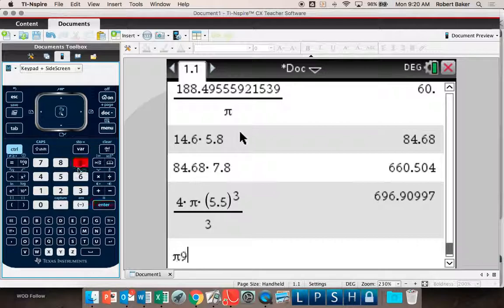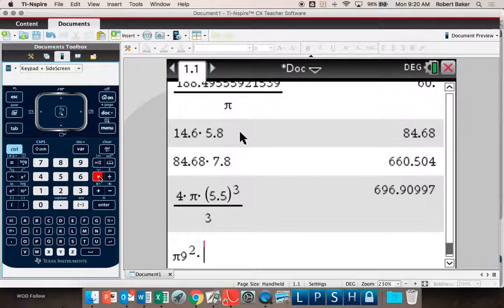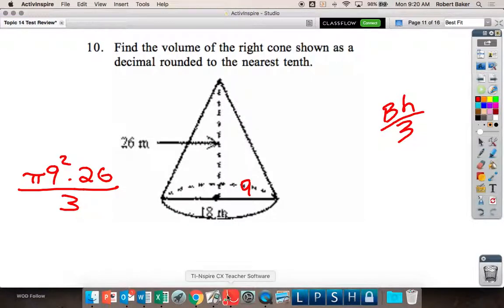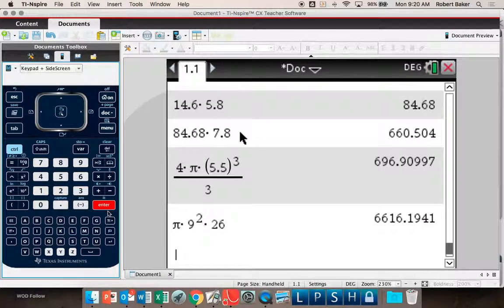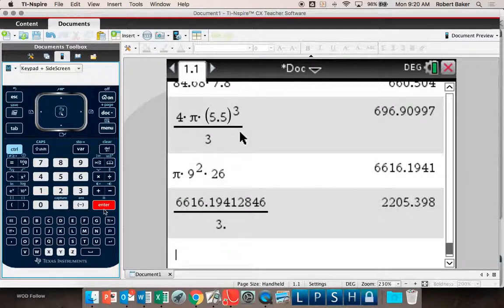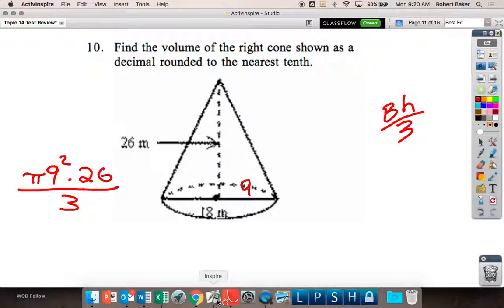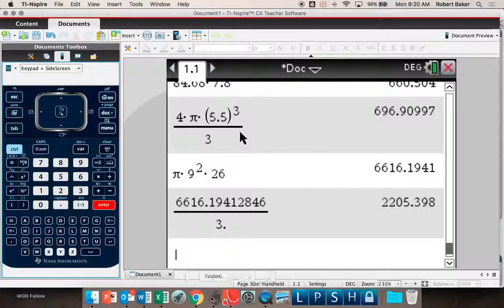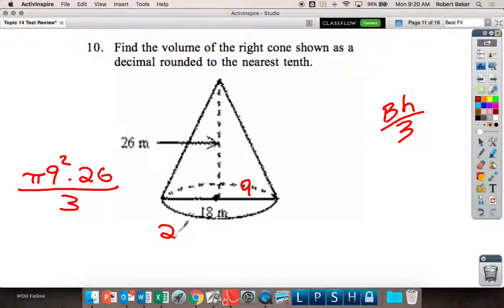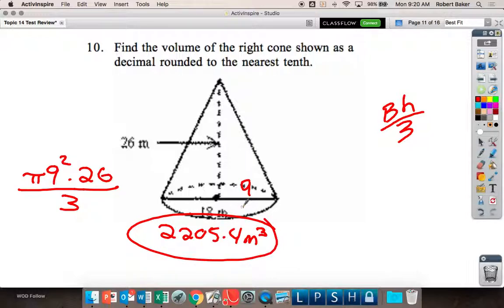That's 2,205.4 meters cubed, because it is a volumetric measurement.